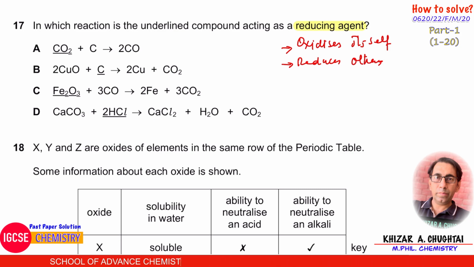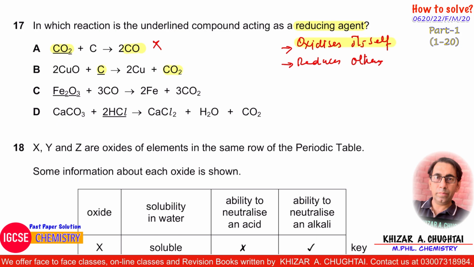Number one, you can say in this case, CO2 is going to lose oxygen, so it is going to reduce itself. No, it's wrong. In second case, underlying element is carbon and it is changing into CO2. I mean, it's gaining oxygen, it's oxidizing itself. Yes, it's correct.